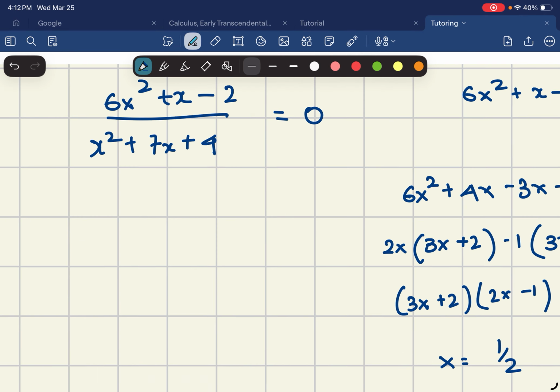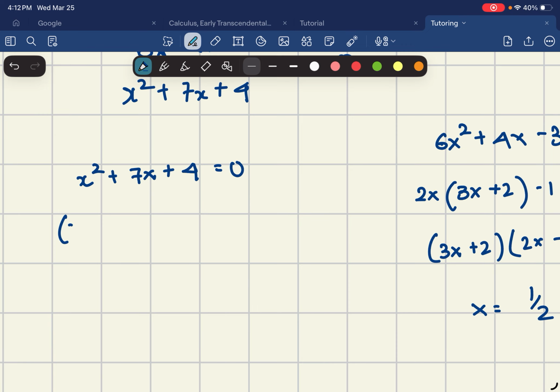But you need to check the denominator as well. So if you use the sum and product method, I believe you should get x² and x + 3. I believe this does not have any real roots, and there is a possible way to check this.